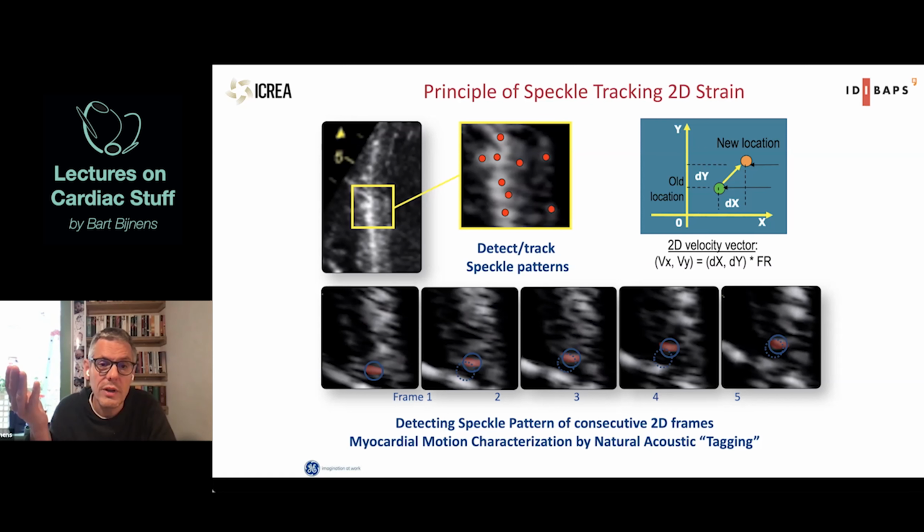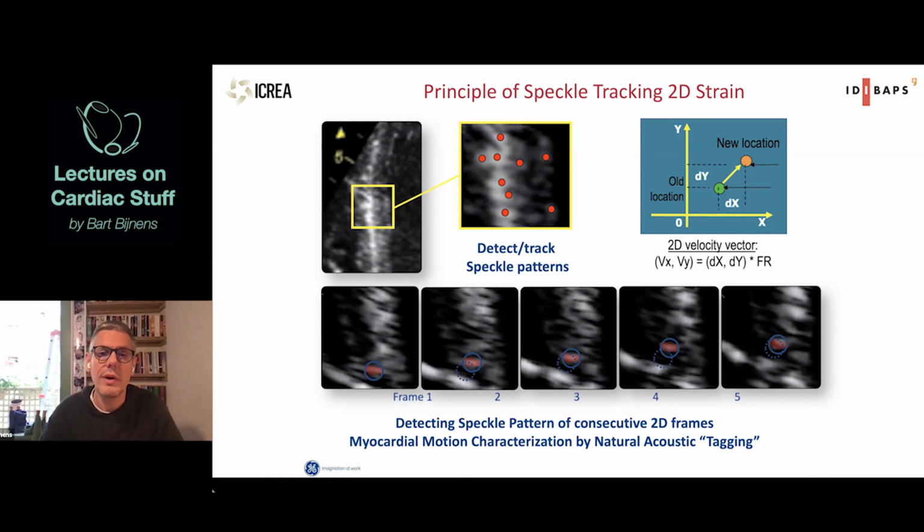That means, for example, when we look at pediatric applications, where young kids have heart rates of 120 or even more, we actually need higher frame rates. Now, we mostly can do higher frame rates in these also because, of course, they have smaller hearts, so our depth of ultrasound imaging is less. But this is something always to keep in mind, that you go as close as possible to this 1:1 ratio to be as safe as possible.